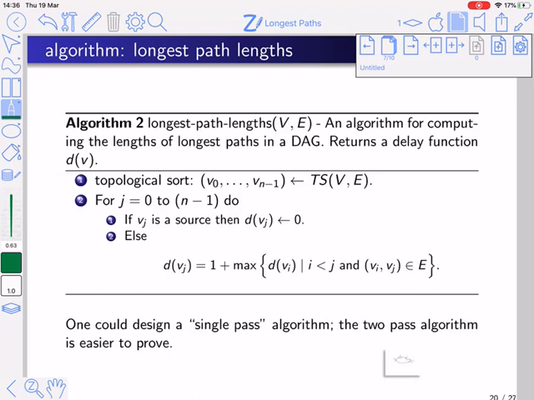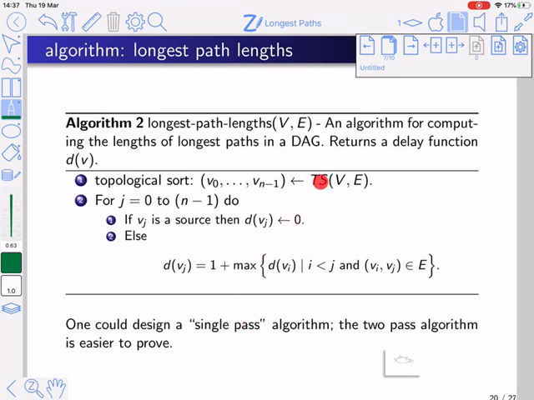Okay. People often ask me whether you could design this algorithm to run faster, because in fact there is here some scanning of the vertices in this stage of the topological sorting, and here we're scanning the vertices again. Could we do everything in a single pass? The answer is one could do that, but then it would be harder to prove the correctness of the algorithm.